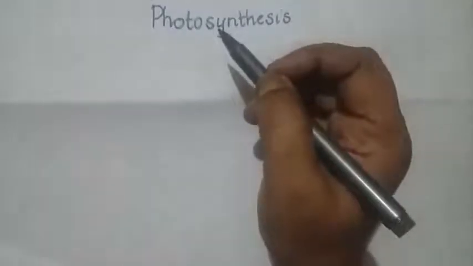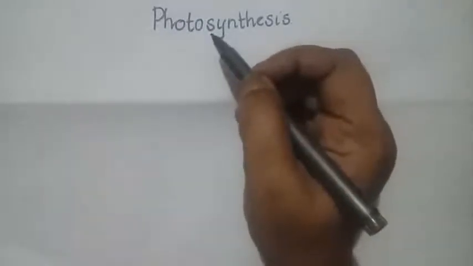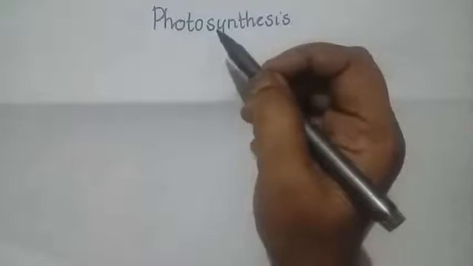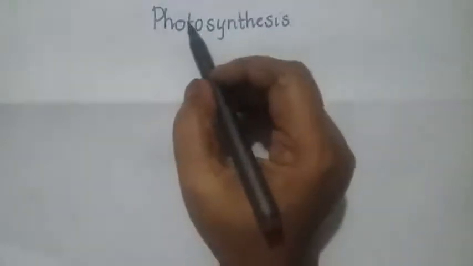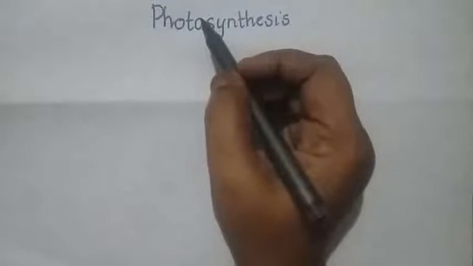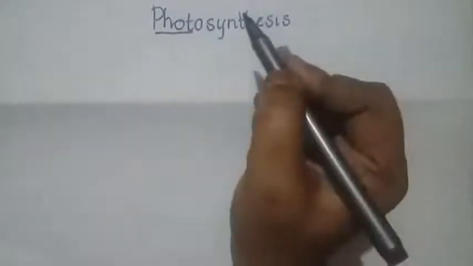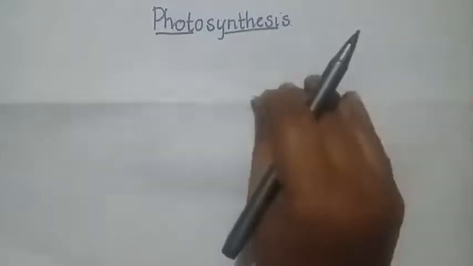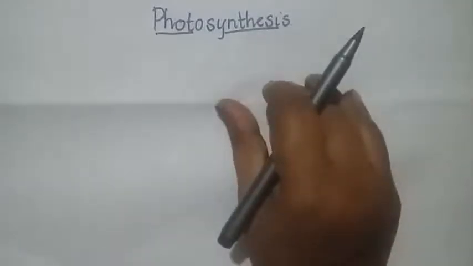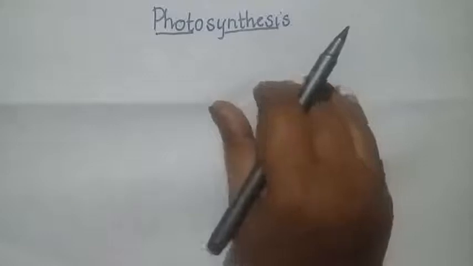I think, children, you are familiar with this word right from your primary classes, and within the word you have the meaning of this process: photo refers to light and synthesis refers to production or manufacturing of glucose, which is converted into starch in the plants. So let us start with this chapter.